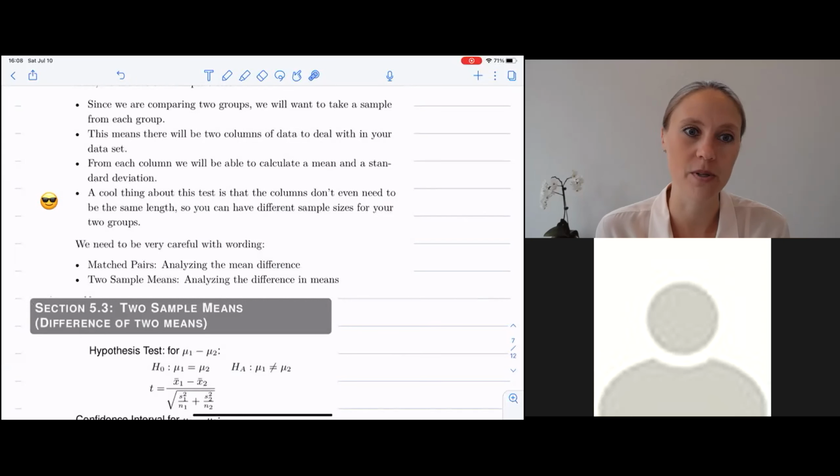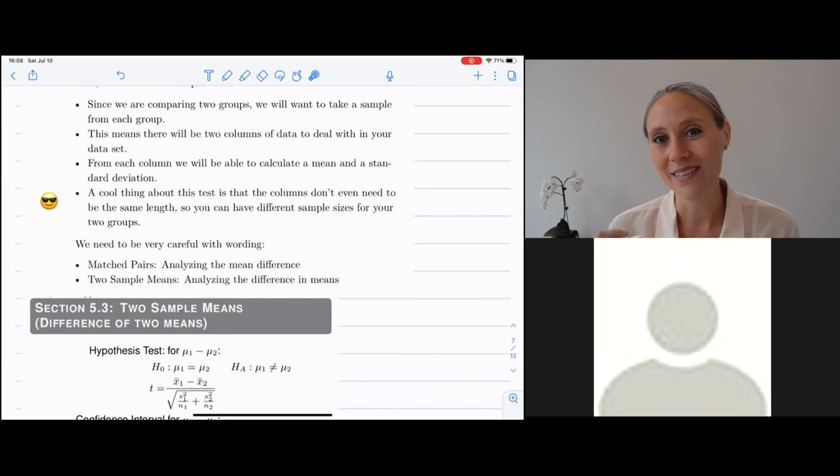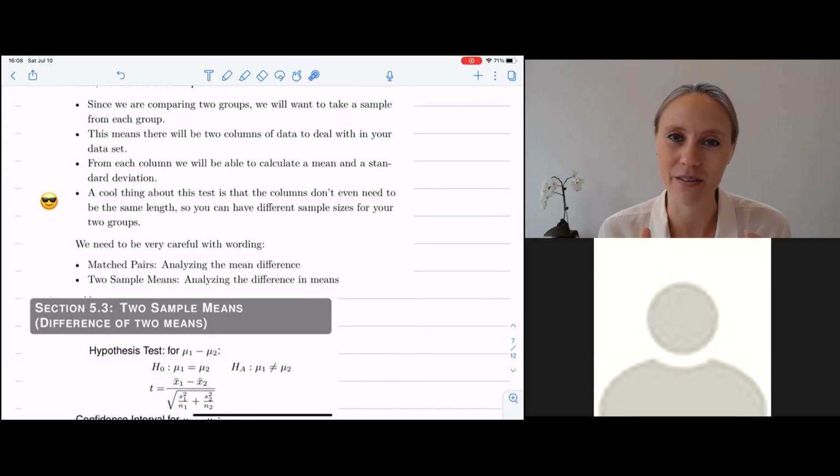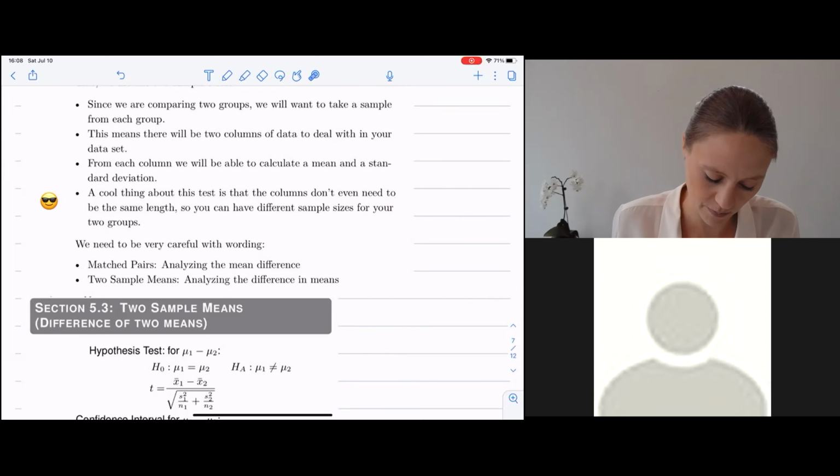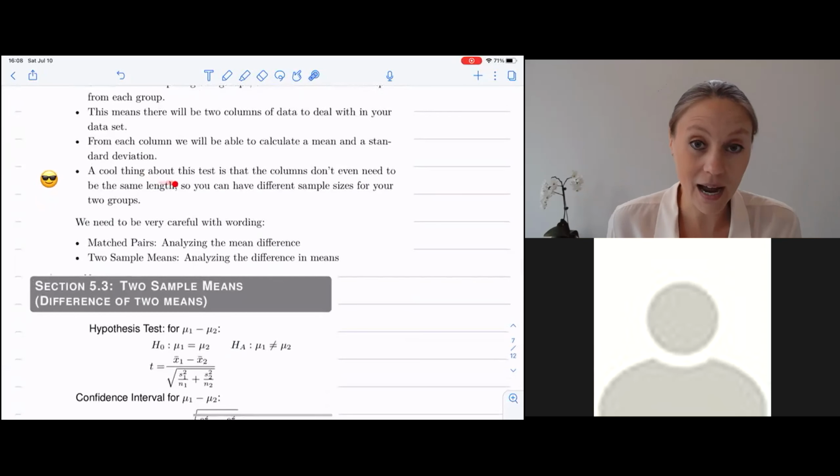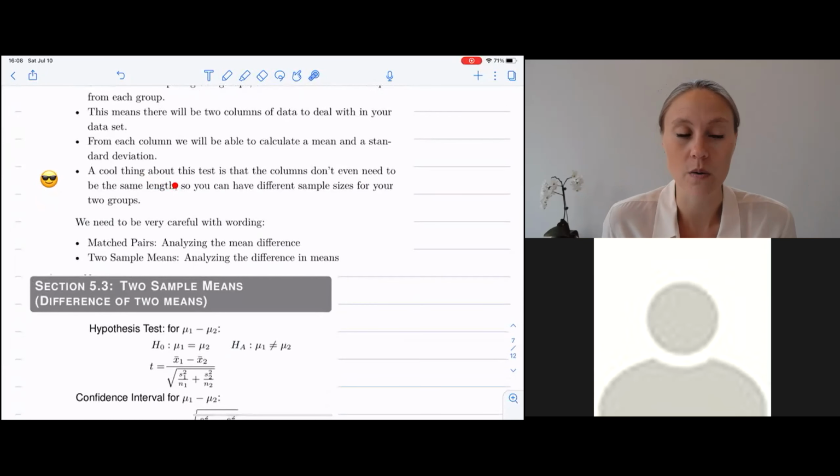If you sample 20 people from first year, then you probably want to sample 20 people from third year, if you're talking about a university, but you don't need to. That's just a weird thing that we feel intuitively, but we don't actually need it. And I think that's really cool.